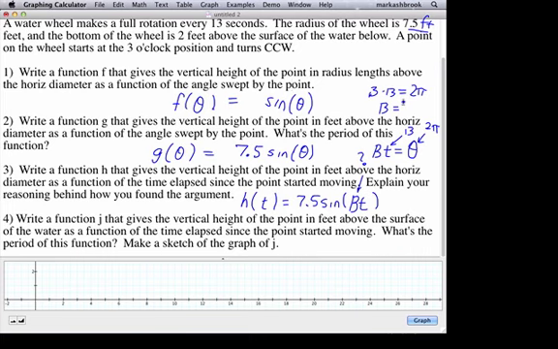0.4833. We'll write it exactly as 2 pi over 13, but yeah, that's a decimal approximation. That's fine. So we just solved for the coefficient that ensures that when t hits 13, what goes into sine hits 2 pi, because that's what we need to make sure the period is 13.